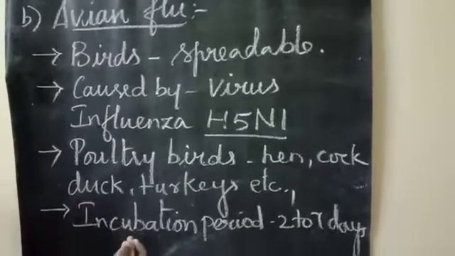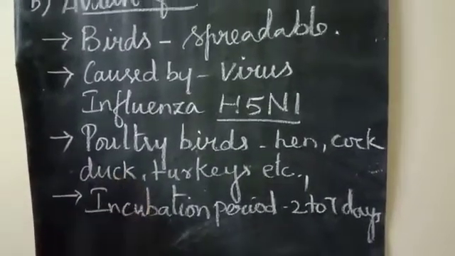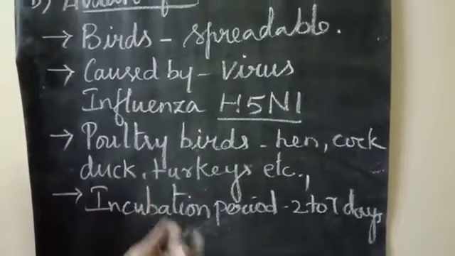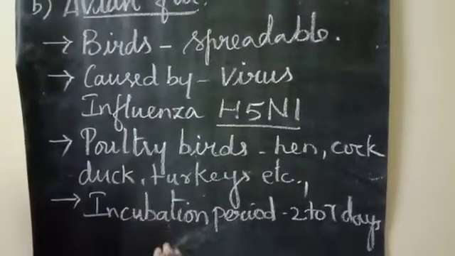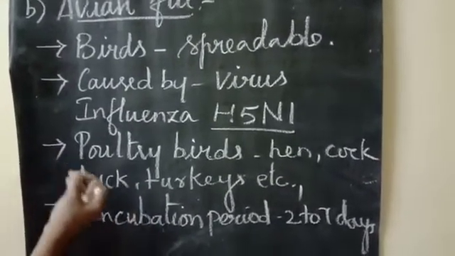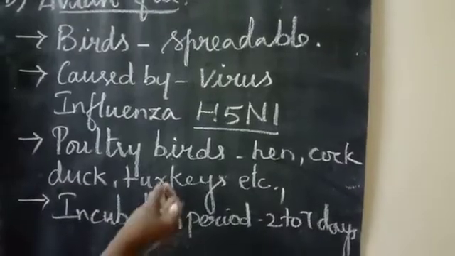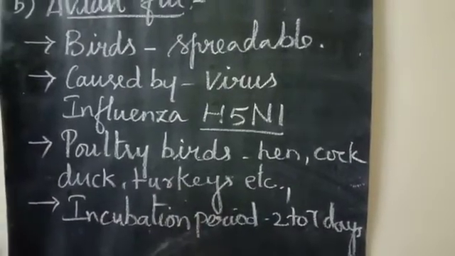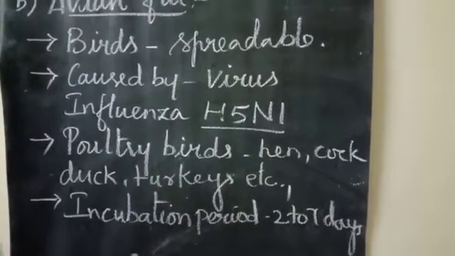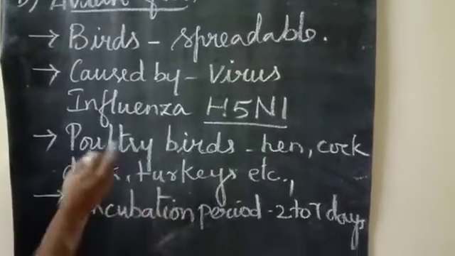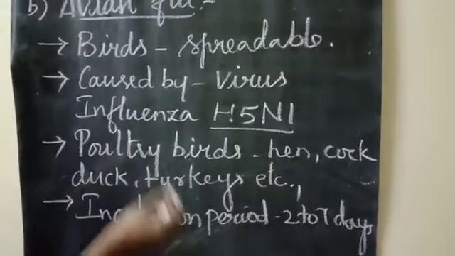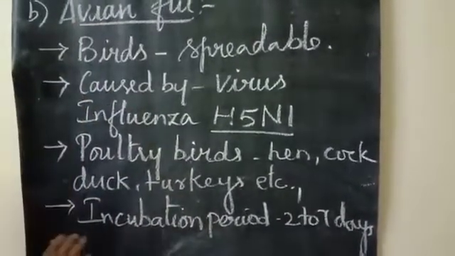The birds release water from their mouth, eyes, and nasal mucus, and even in the waste matter, the watery substance is released, like lesions. That shows the birds are affected by avian flu.